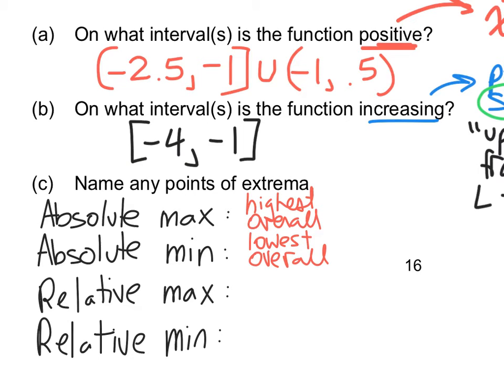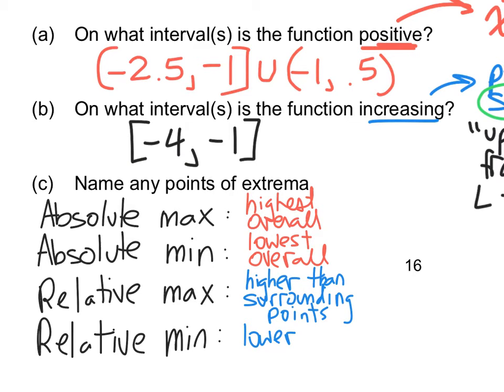Now, the relative max and relative min are different because all you have to be is higher than the points to your left and to your right, so higher than the surrounding points. Which would make relative min lower than the surrounding points.